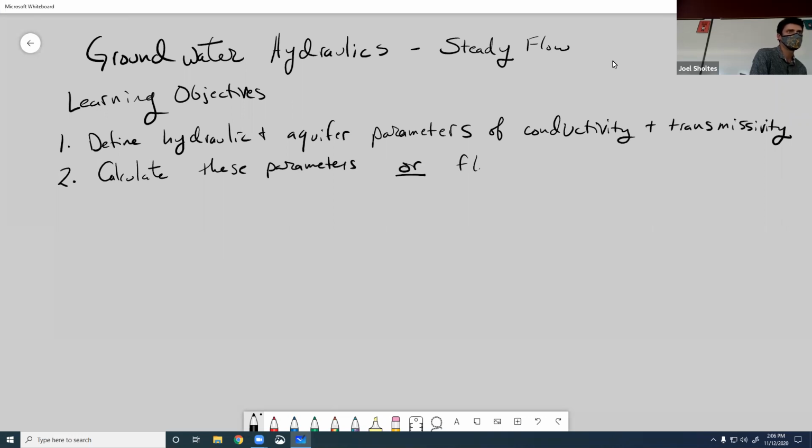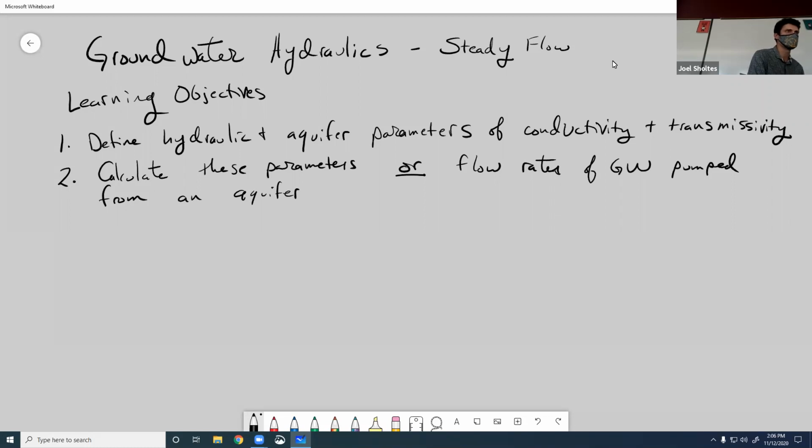Or we're going to calculate groundwater flow rates using these parameters.